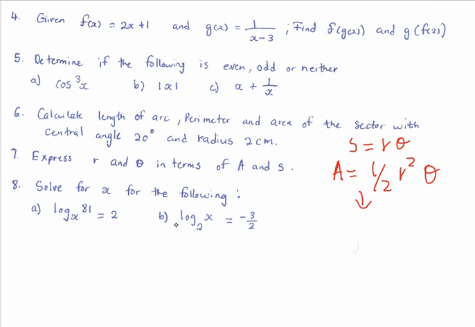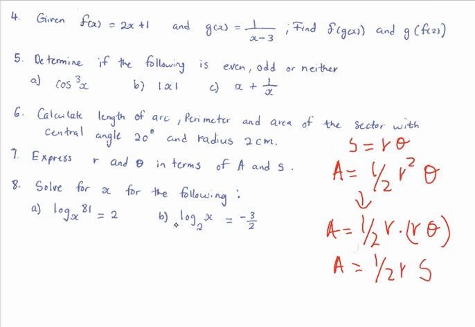Okay, so to do that, you can say a is equal to 1 over 2, and simplify this and make it r times r theta. And you're going to have this, which is s, so you're going to have a equals 1 over 2 r s.